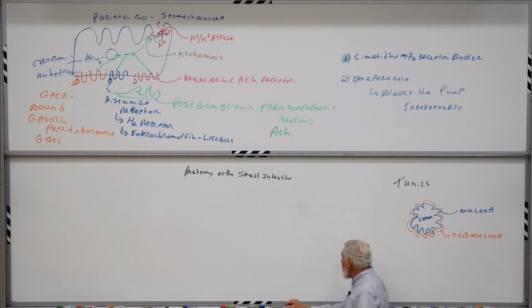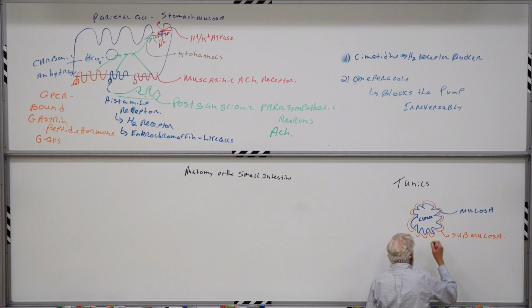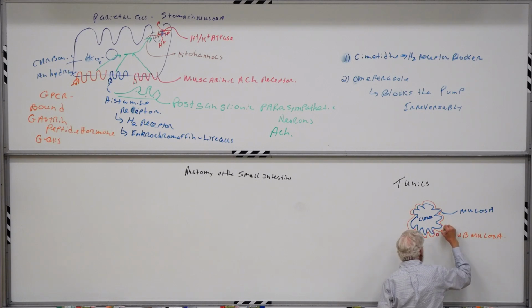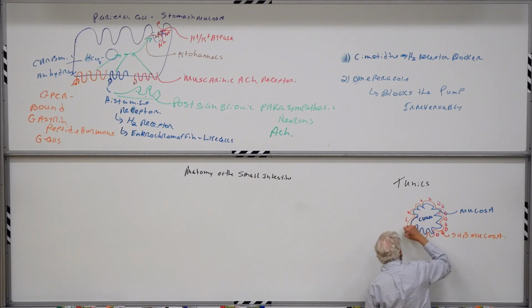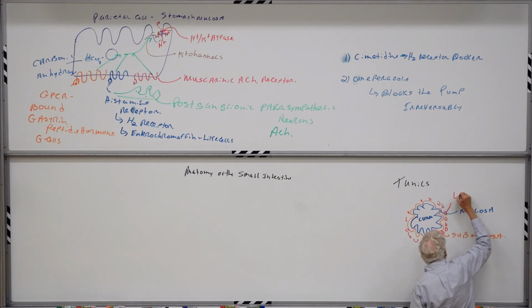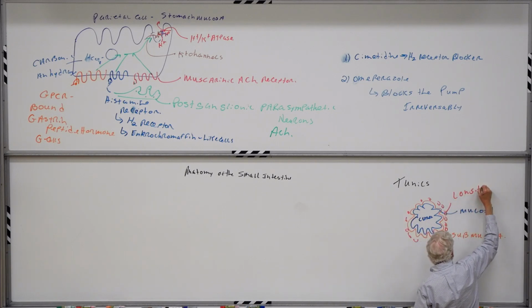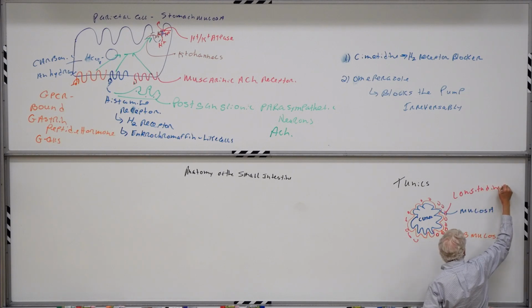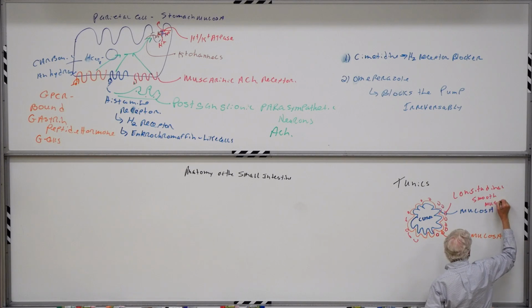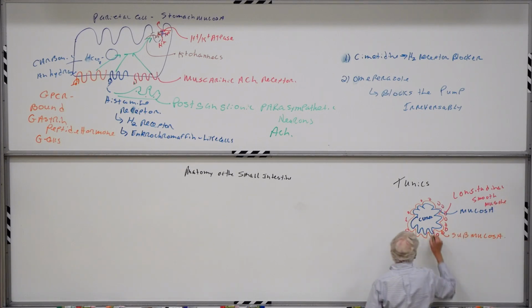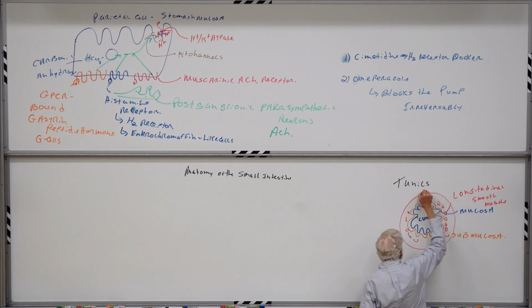And beyond the submucosa, just as we saw yesterday, attached to the submucosa will be a layer of longitudinal smooth muscle. And then around that will be a layer of circular smooth muscle.